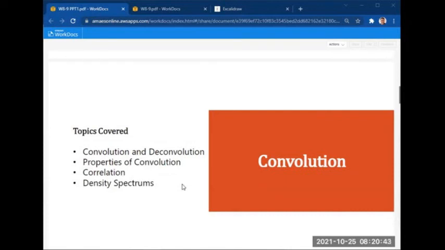Then last week we had the Z transform, a method of transforming a time domain signal to a frequency domain signal. We also segued with a refresher on the Laplace transform to help us understand the Z transform better. So this time we will have convolution.